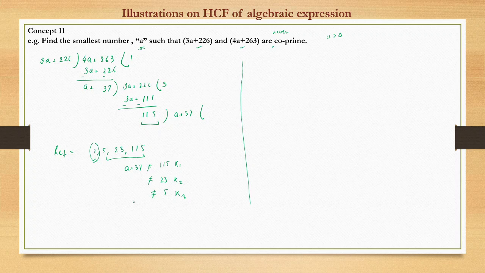So it means that a plus 37. So here we write a plus 37 is equal to 115k, right? So a can be 115 minus 37, so 78. I mean, smallest we are checking, right?